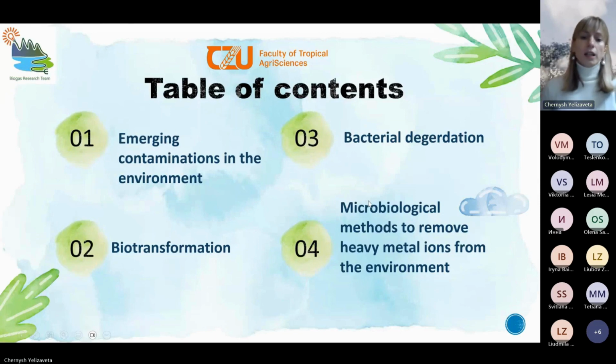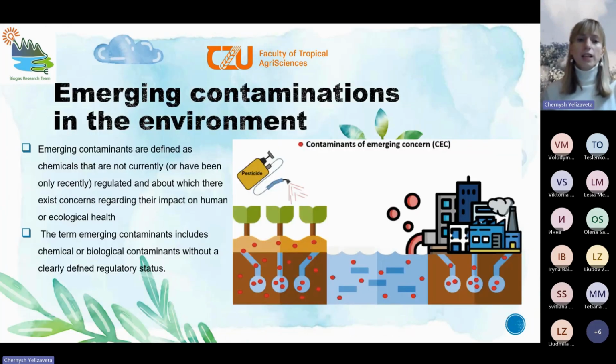So it's mostly about the connection and deep analysis of the opportunity of biological methods used for purification of the environment. We mentioned biotransformation, bacterial degradation, and some microbiological methods for removing pollutants from the environment, and we said a lot about emergent contamination, where really different types of components can be involved.